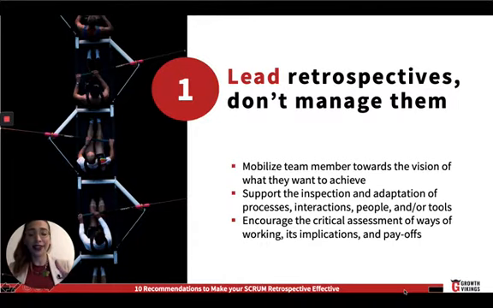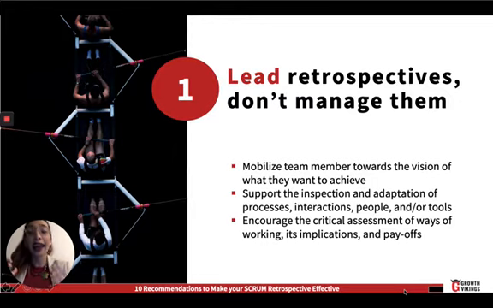So the first recommendation is to actually lead your retrospective and don't manage your retrospective. With this, we mean that you should try to mobilize your team members towards the vision of what it is that they want to achieve. What is that product? What is that service? What is that deliverable that they want to achieve?